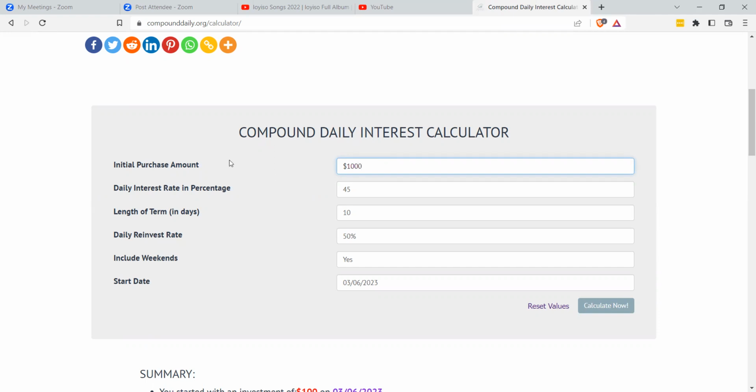Now, your daily interest rate in percentage is when you make a profit, how much profit will you make in percentage? How much profit you make, we talked about in the last section, where we talked about your risk to reward and how much you are risking per trade. That will determine how much you will make.